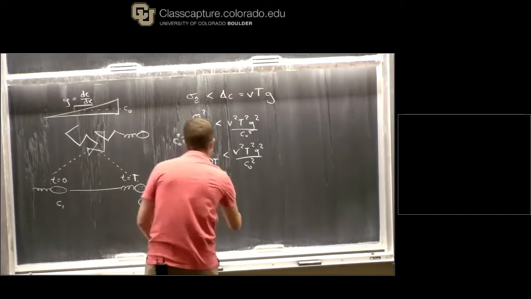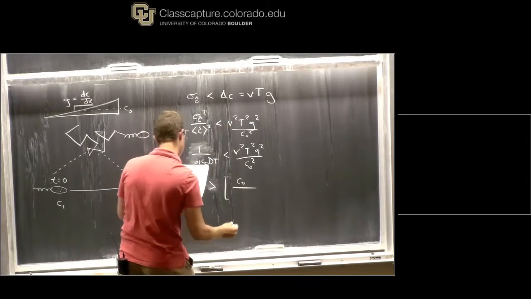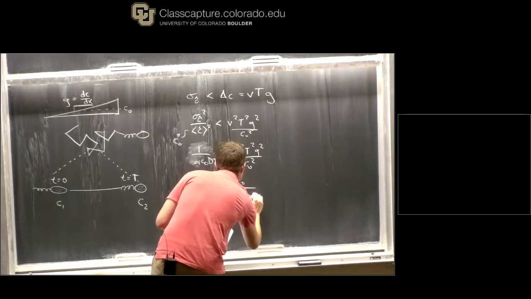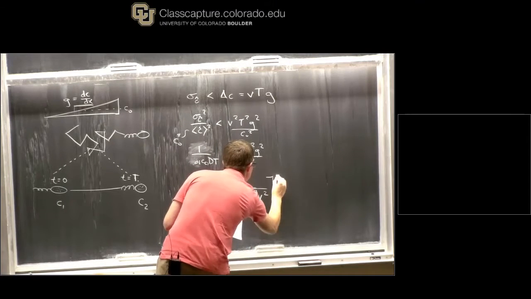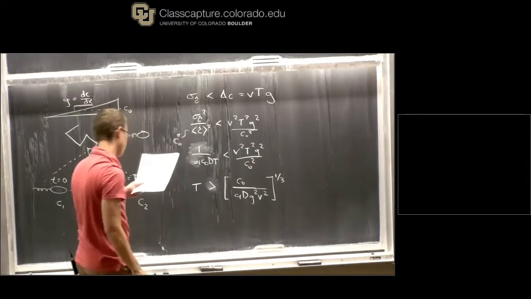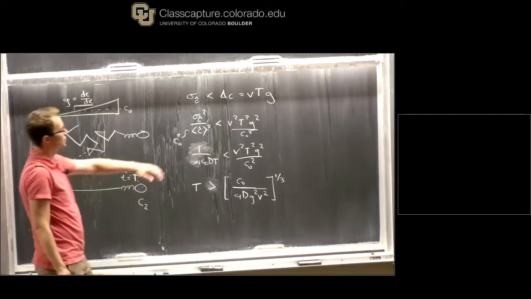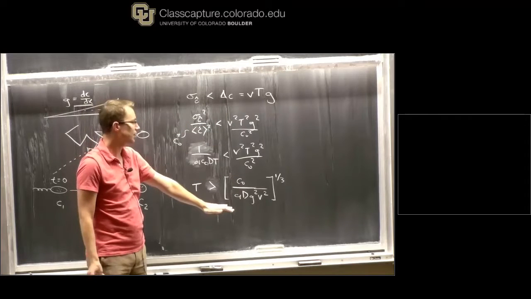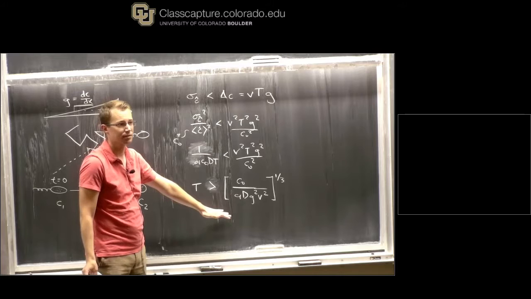T must be greater than C naught over a d g squared v squared to the 1/3 power. Okay, so I've turned my statement that the statistics need to be good enough to detect a difference into a statement that it better therefore run for long enough to gather those statistics.